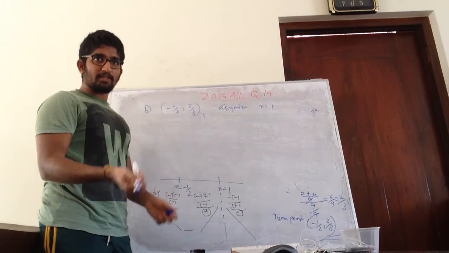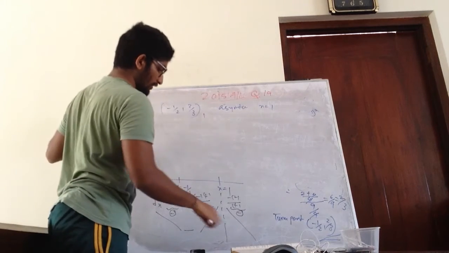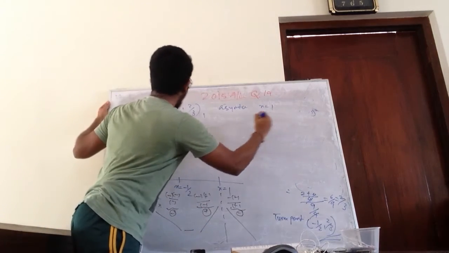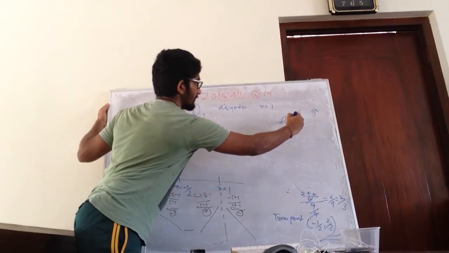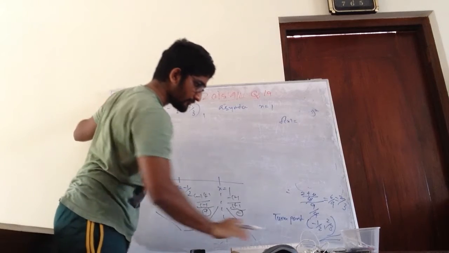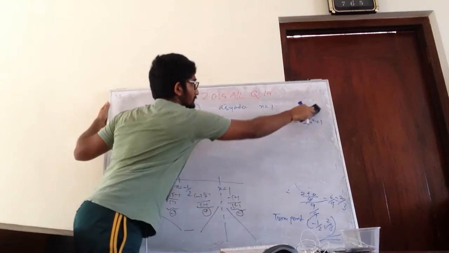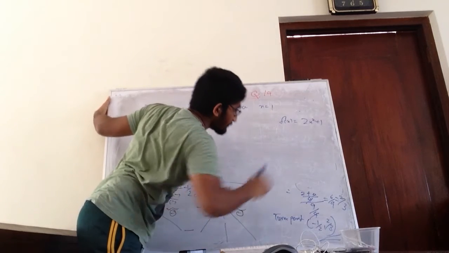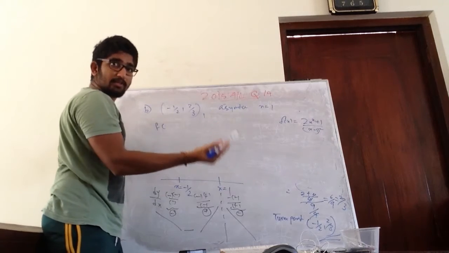Then what we find is, when x equals 0, what is the value of y? Right? So f(x) is 2x squared plus 1 over x minus 1 squared. So I am going to see what happens when x equals 0.